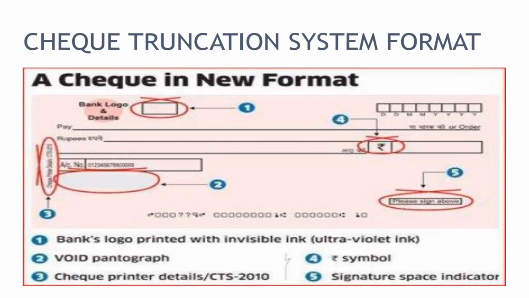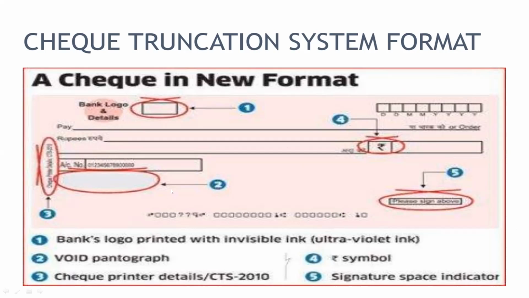Then there is one more part called the signature space indicator, where you sign in that particular signature line, and it will understand whether your signature is correct or not. If the signature does not match in a truncation, the problem is flagged by the electronic devices. So this is how these checks are developed today and presented.